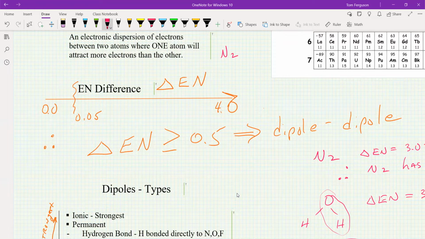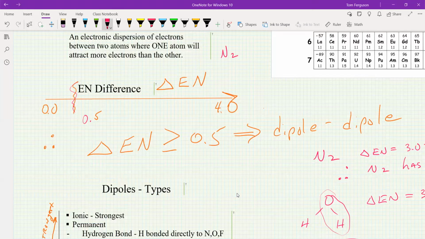Over the years, we've drawn a fuzzy line right here at 0.5.